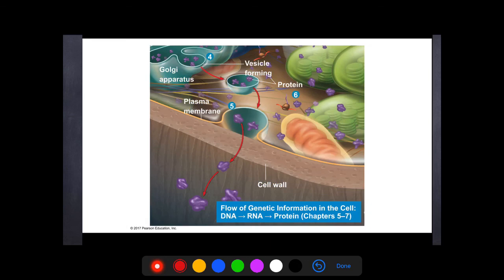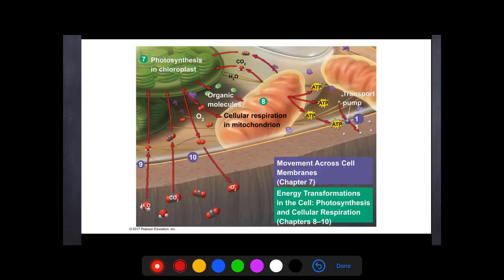They get sent to the Golgi apparatus to be further processed. You have transport vesicles that pinch off of the Golgi apparatus to be carried to wherever they're needed. Some of the proteins being made will merge with the plasma membrane of the cell and release those proteins, while others will stay in the cell.